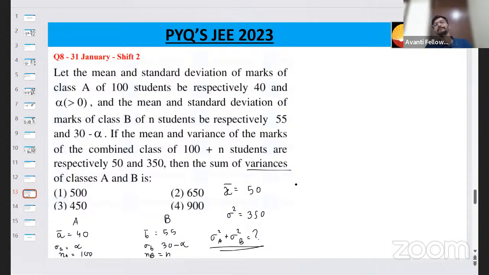We have to find this. Correct? So what will alpha be equal to? It is sigma A. Sigma A will be equal to summation of all the students of class A upon 100 minus A bar whole square.